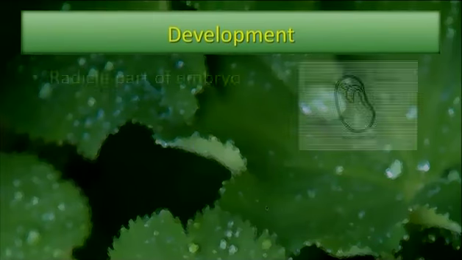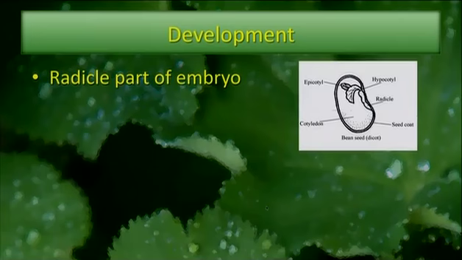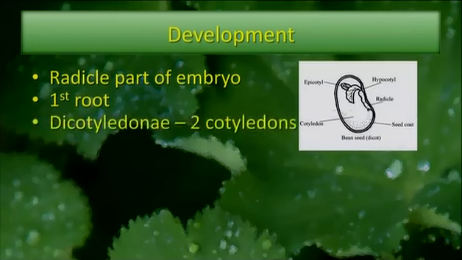Now development. The radicle here is the embryonic root in the plant embryo. This one here is a cotyledon, one of the two cotyledons that will open up when the radicle grows into the root. So the radicle develops into a root, and in some cases into the taproot of dicots.